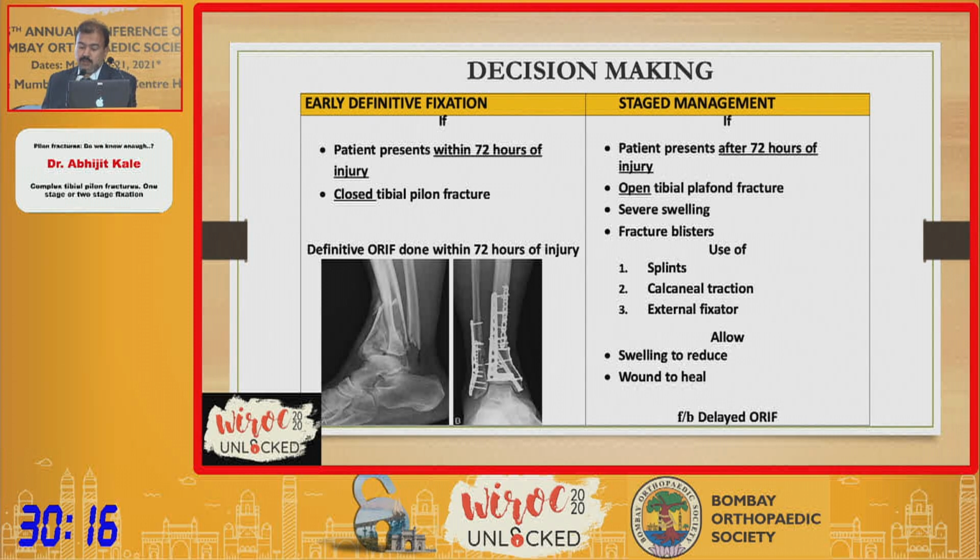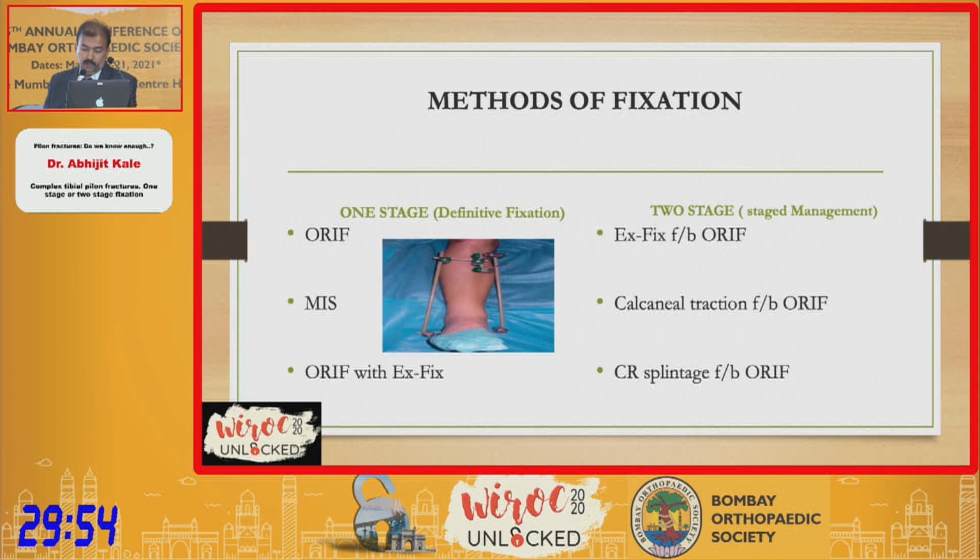In the first stage, a surgeon can take the help of a splint, or put a simple calcaneal pin and give skeletal traction, or even put in an external fixator. One needs to wait about 10 to 14 days, let the inflammation settle, look for the wrinkle sign, and then go for a definitive fixation.